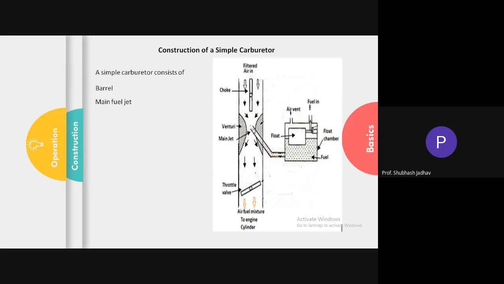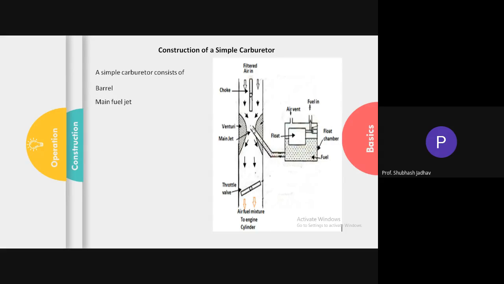Why? Because we want to ensure that more heat is absorbed. Why is this heat required? Because the fuel is supposed to be vaporized. Now, if this has to happen, then the required amount of heat has to be supplied to the fuel.